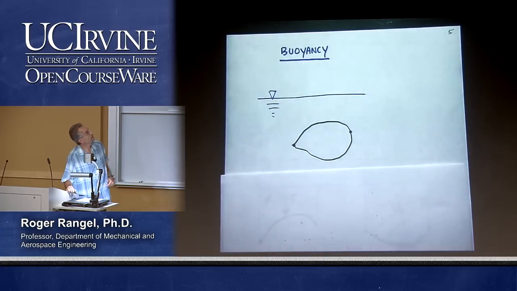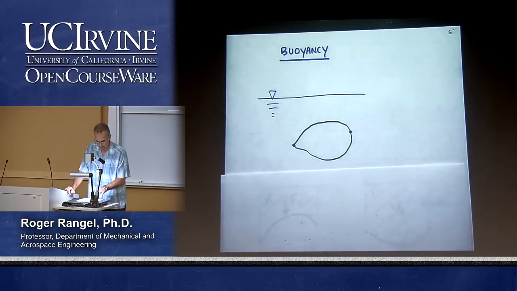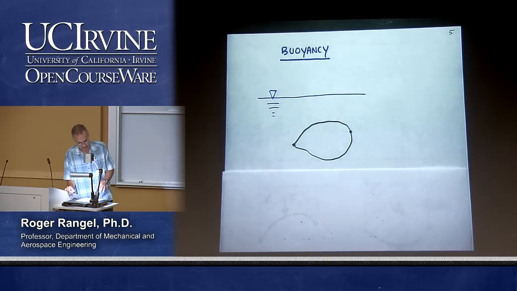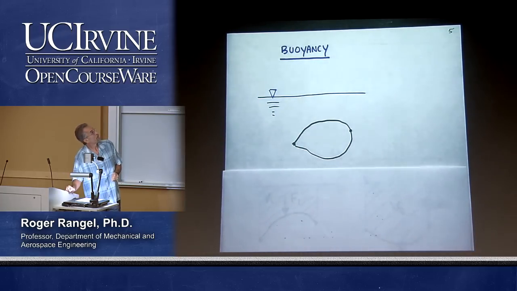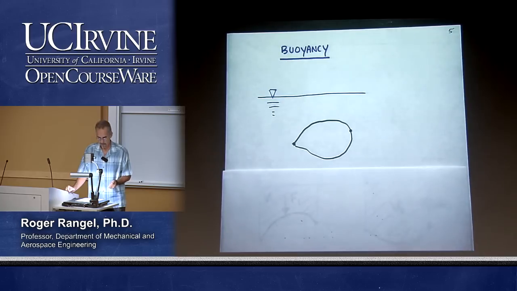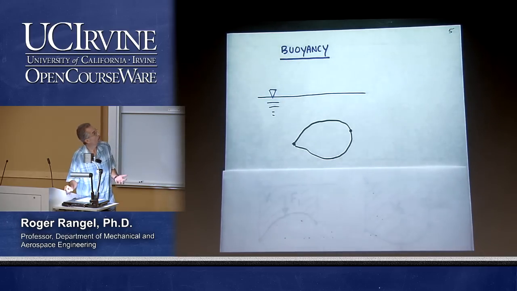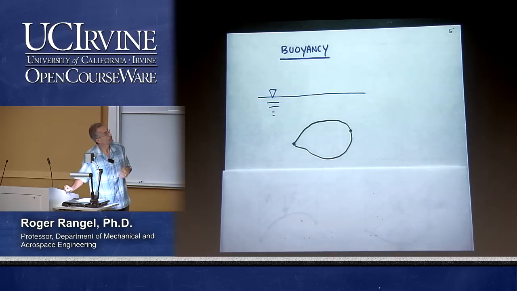So here I drew an arbitrary shape object at a certain depth under the surface of the water. And the purpose of the exercise is to find the so-called buoyancy force. That is the force that the liquid will exert on this object, and we all know from experience that this will be a vertical force that will tend to push the object upwards.